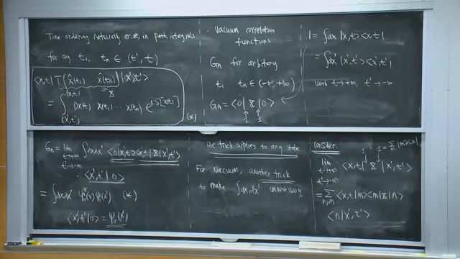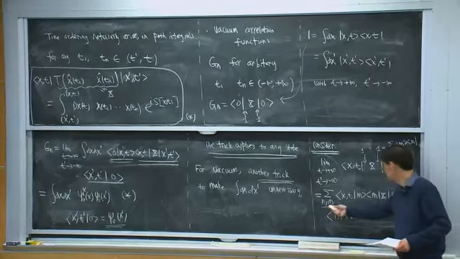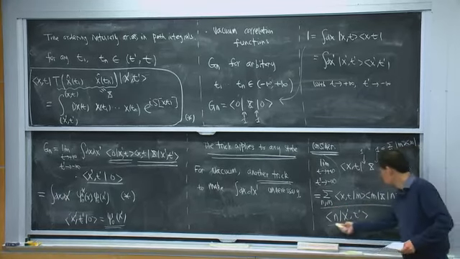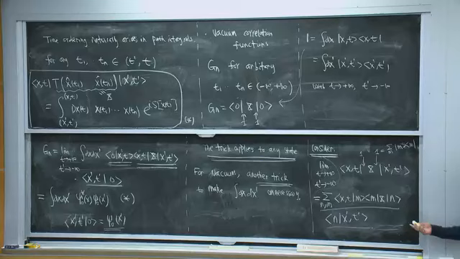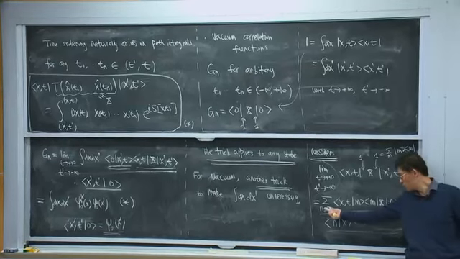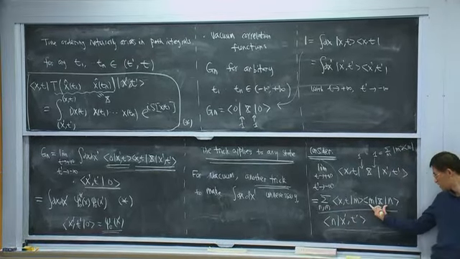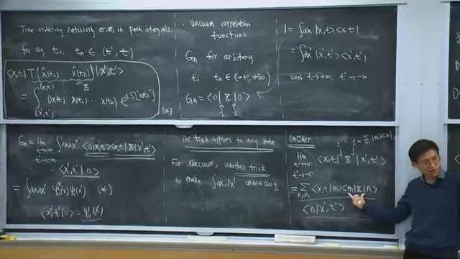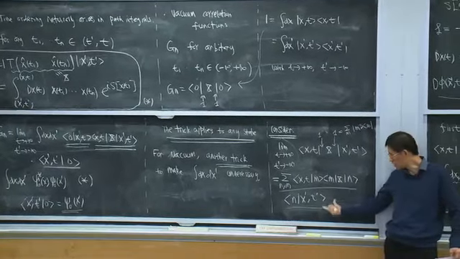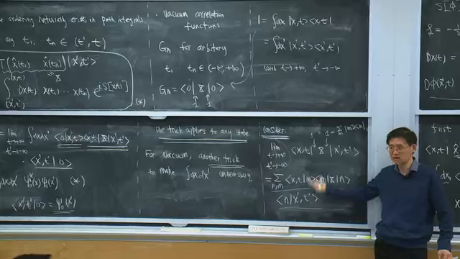Now if we look at this sum, when n and m equal 0, this is the object we want. But this also contains many, many other terms.